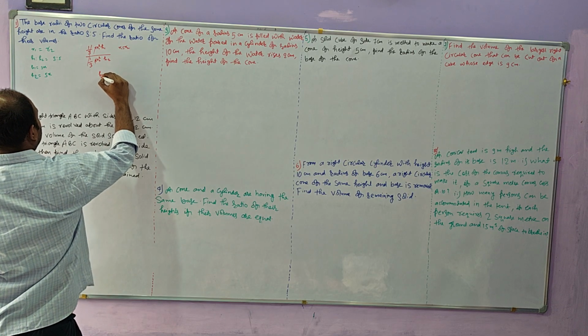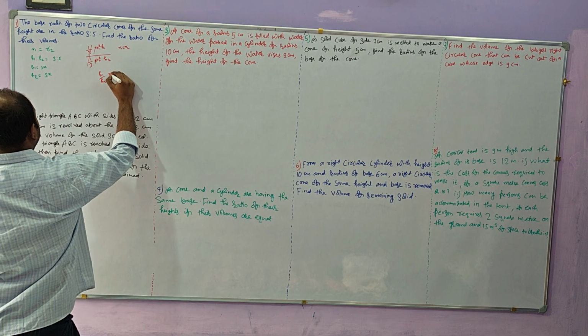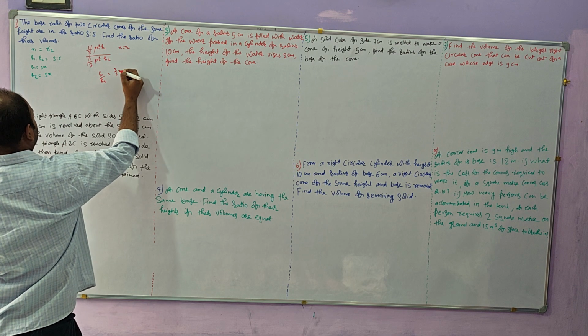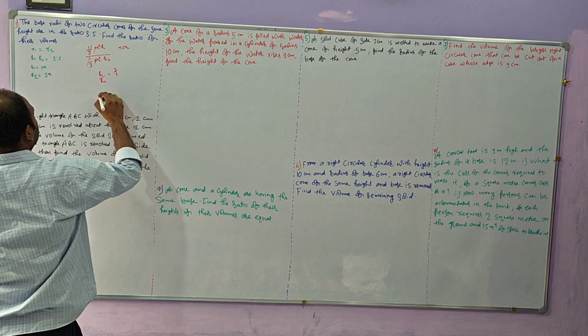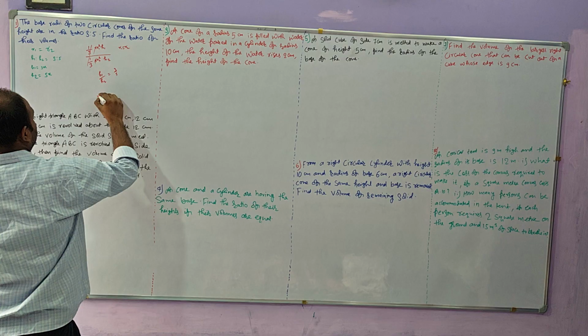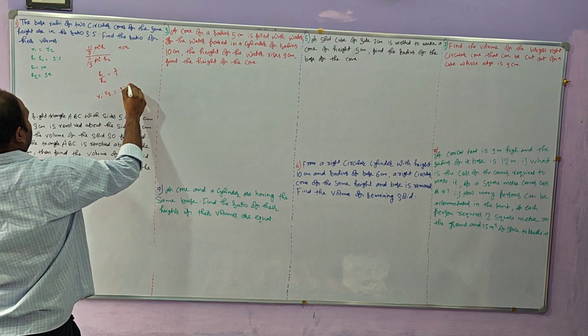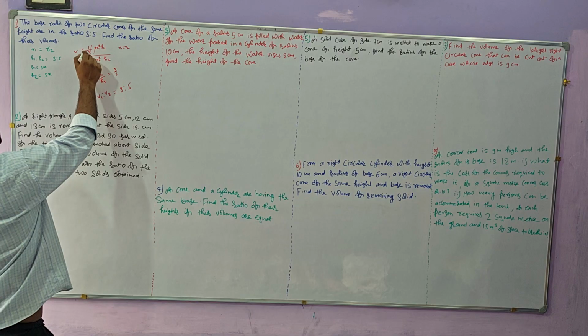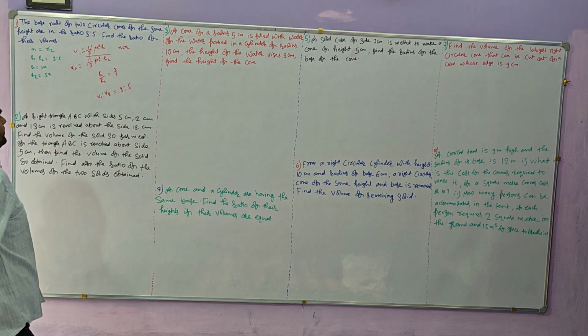So H1 upon H2 becomes 3/5. So the ratio becomes V1 is to V2 is equal to 3:5. That is our V1 and that is our V2.